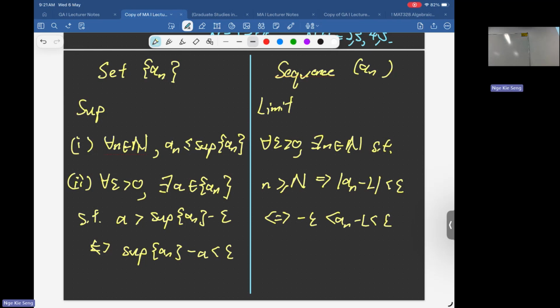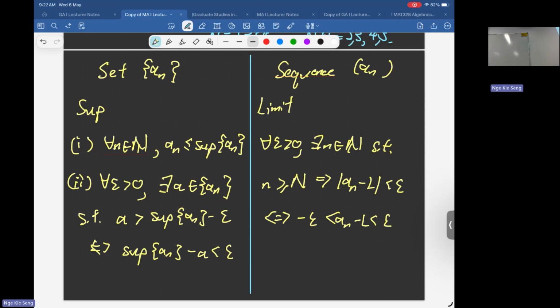So what does this mean? This means that if this a_n here is bounded above, and if it is non-decreasing, actually this sup is the limit. You won't get the other side of the inequality.